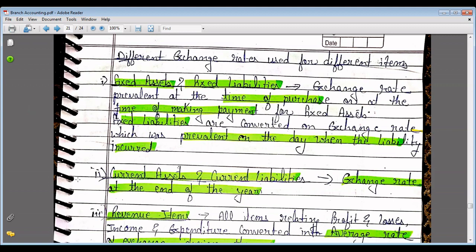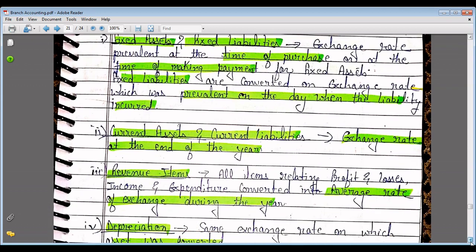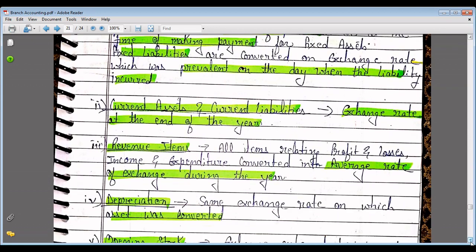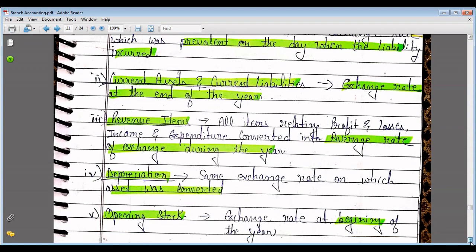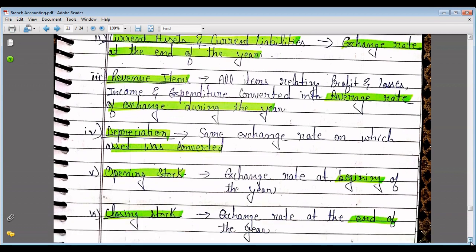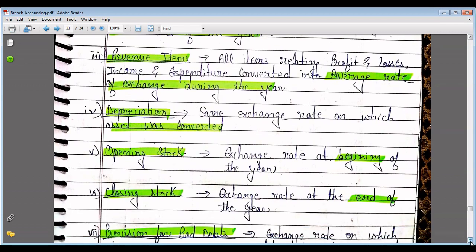Current assets and current liabilities will be converted at the exchange rate at the end of the year, and revenue items, all the items relating to profit and loss, income and expenditure, are converted at the average rate of exchange during the year. Depreciation will be converted at the same exchange rate at which the asset was converted.